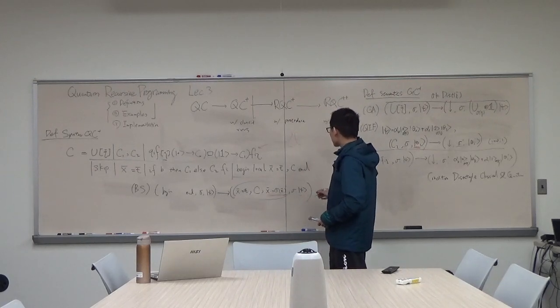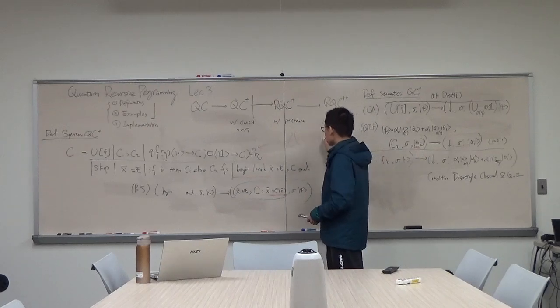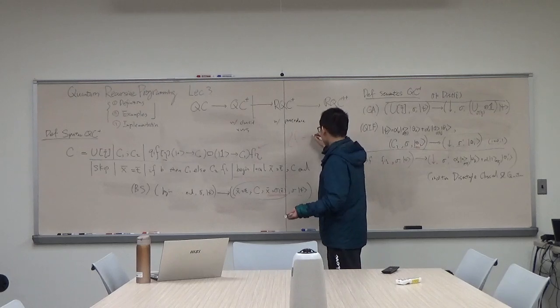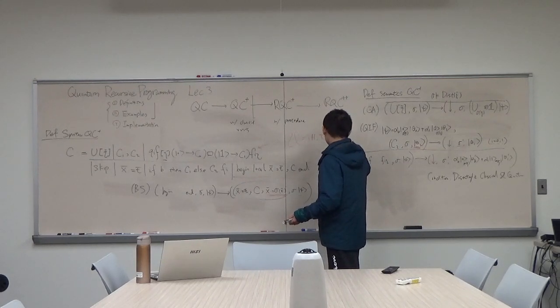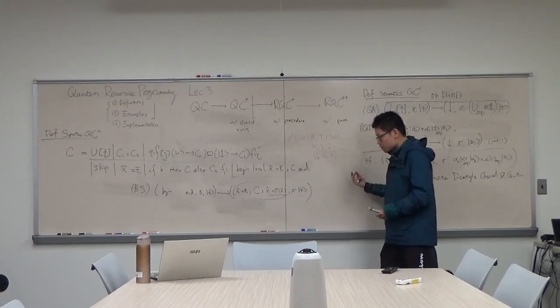Before defining this programming language, we fix the set of elementary unitary gates. For example, a universal gate set like H, T, CNOT. We can also add Paulis, and you can also add rotations.